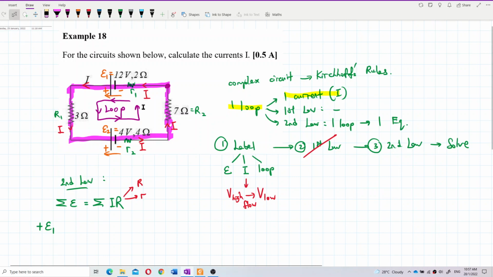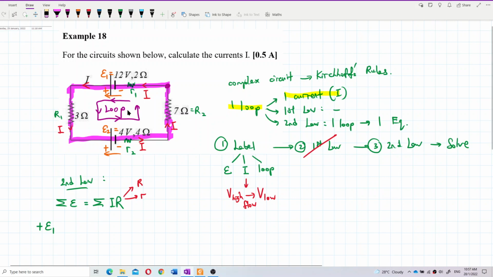That's what we call the loop direction. You understand?